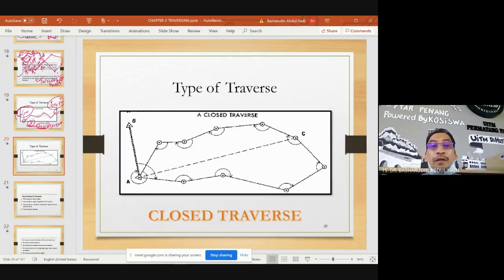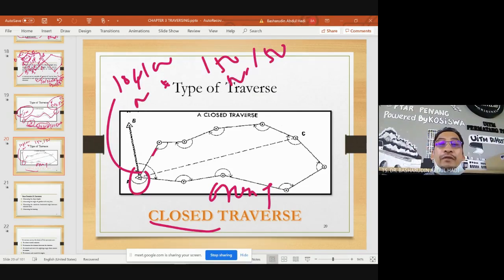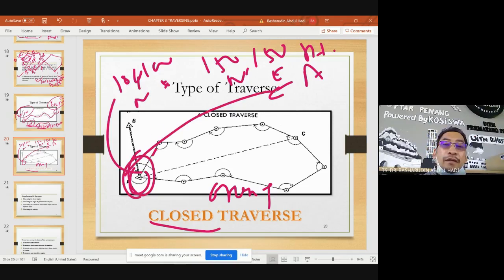Okay. So again, we are going to start from station A, then we go to B, C, D, and then come back. So it can become a closed traverse or an open traverse. If you know point A, for example, 150 and 150, nothing existing for point A, right?